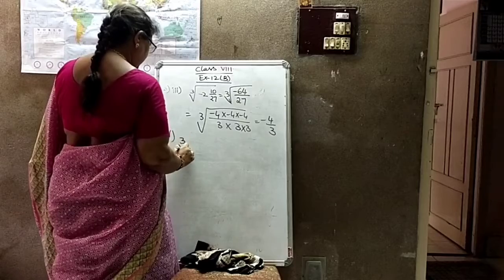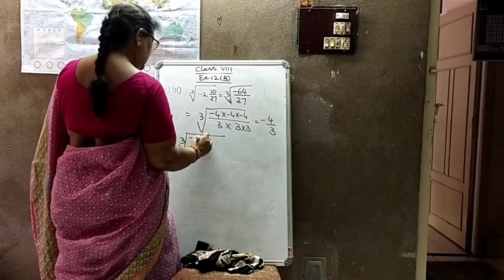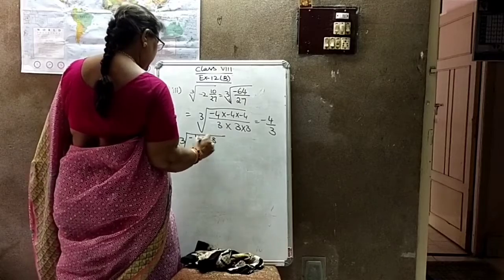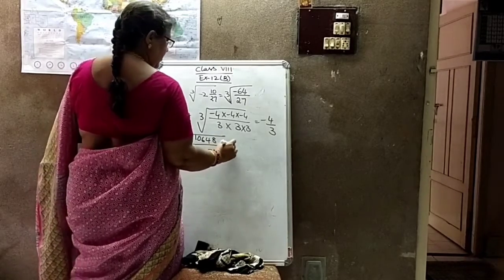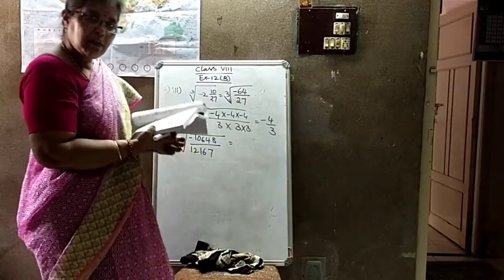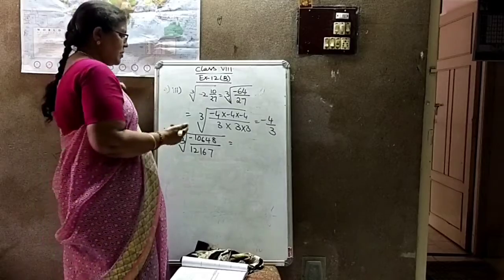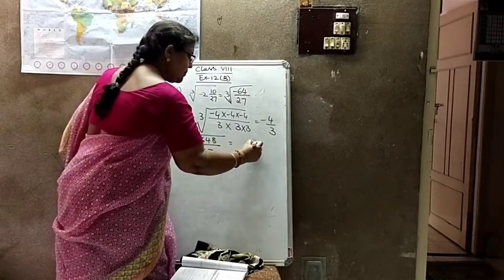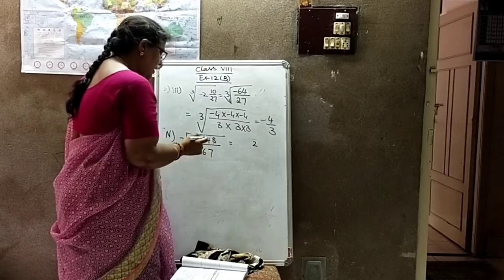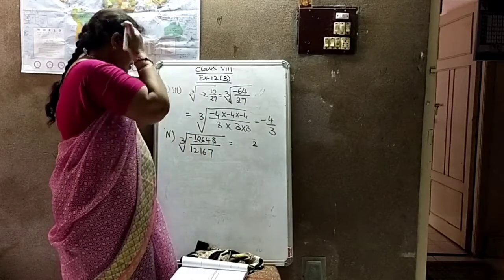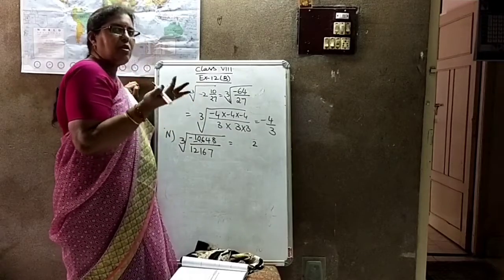Fourth one, this is little lengthy. Cube root of minus 10648 by 12167. We'll try the estimation method. Yes, any method we can use. Estimation I am doing. 8 is there, this one 2 will come, and 10 less than that, 2 is there, because 2 cube is 8, 3 cube is 27.